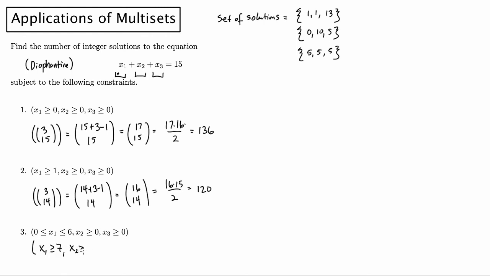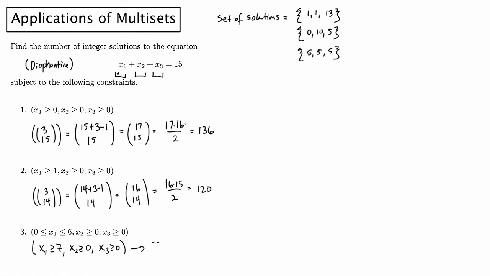x2 still needs to be greater than or equal to 0, and x3 has to be greater than or equal to 0, simply because they have to remain nonnegative, so that condition I'm not really negating. So if I solve this problem instead, that's saying x1 has to have 7 marbles in it to begin with, which means instead of distributing 15, I'm only really distributing 8.